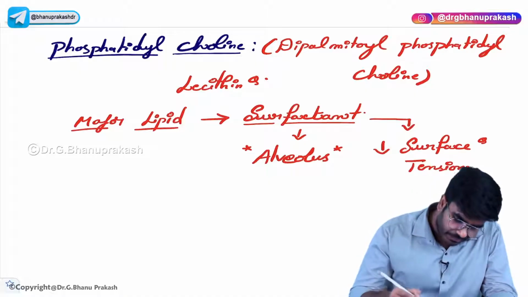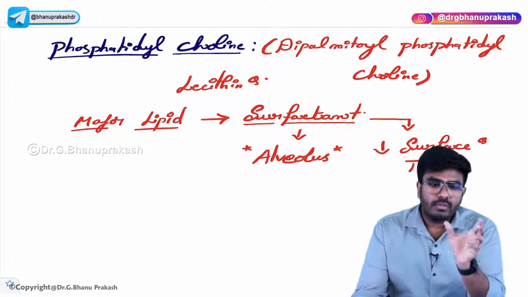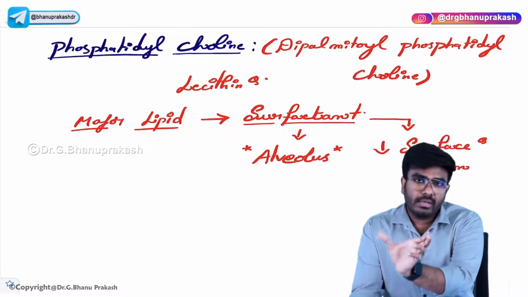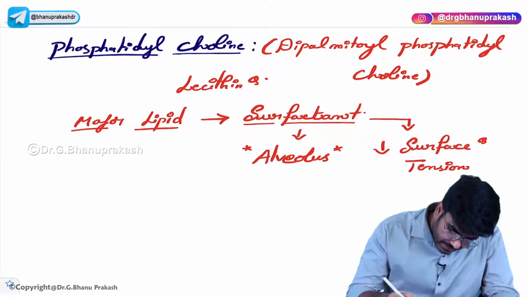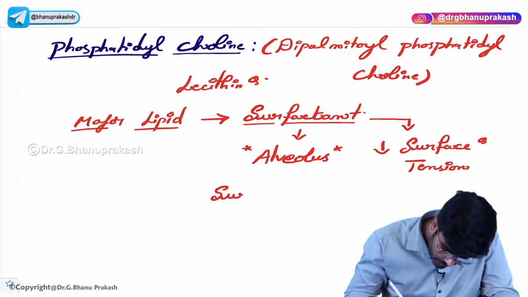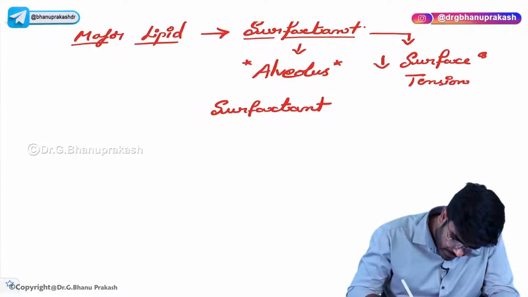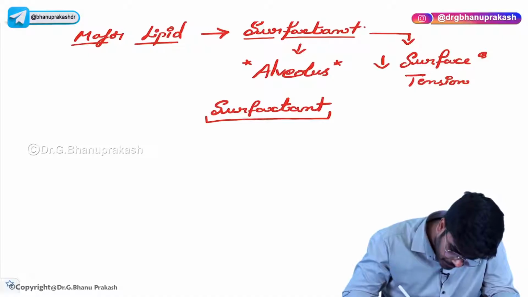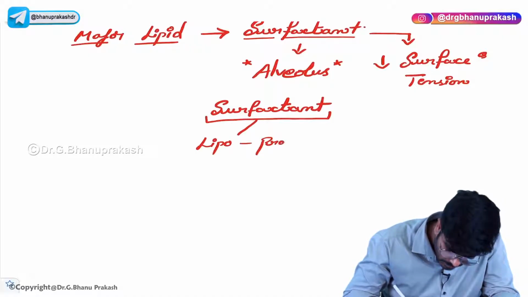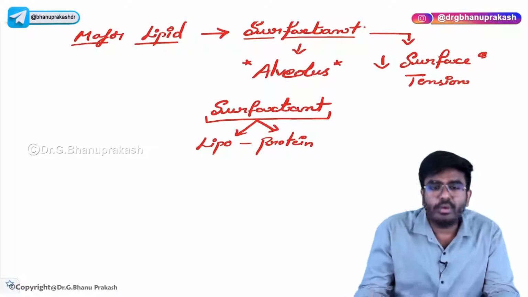Now the surfactant is a lipoprotein, so it's a lipid as well as a protein. Now what is that lipid? I am again writing down here so that it will be easy for you. Surfactant is a lipoprotein, which means it's made up of lipids as well as proteins.